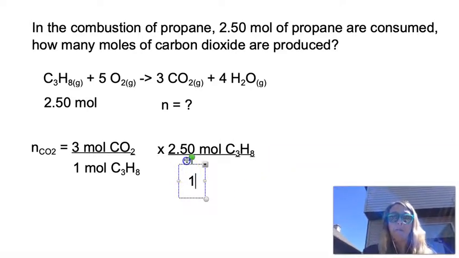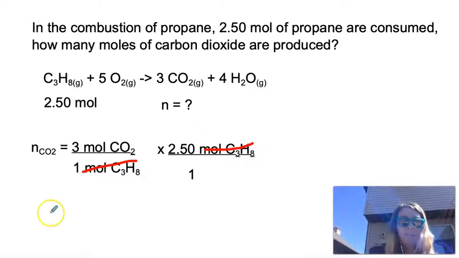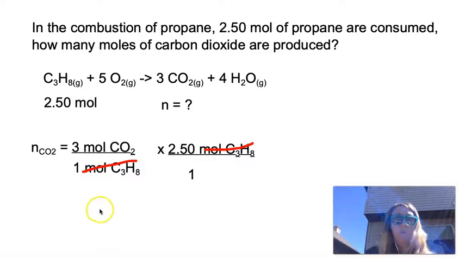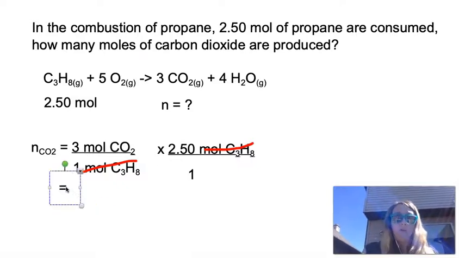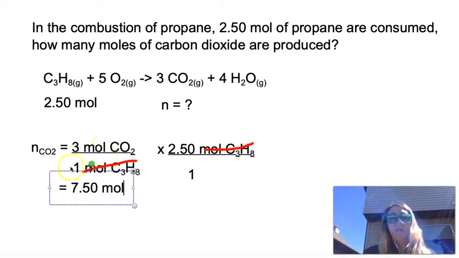Now when we have a look at our units, we should see moles of C3H8 here, as well as here. So we can cancel those out. We don't need anything else in our unit analysis because everything else has canceled. So 3 times 2.5, we wind up with 7.50 moles of CO2.